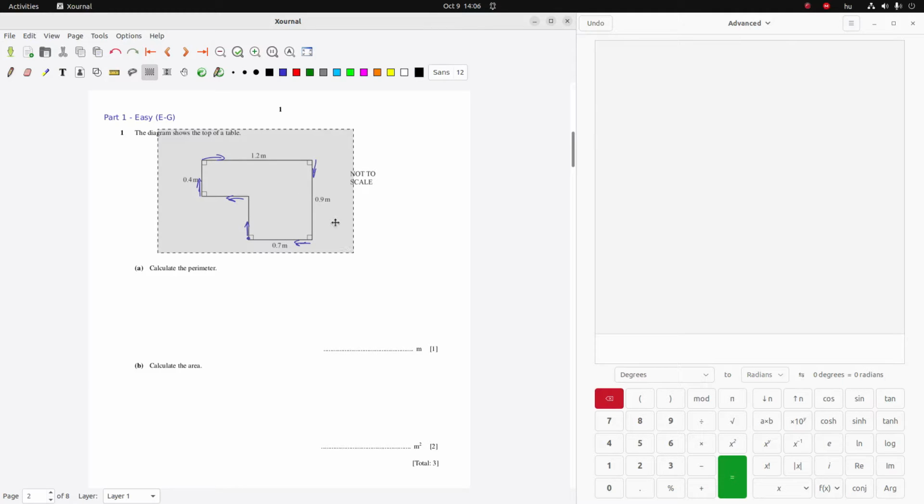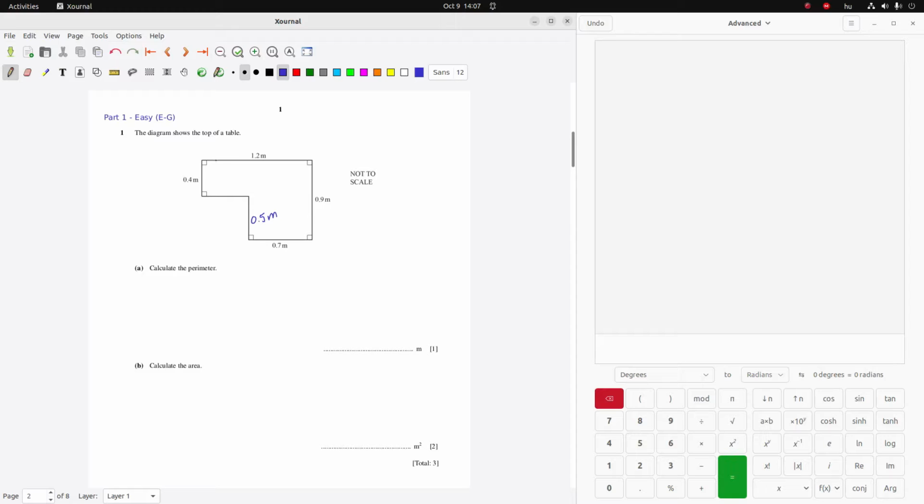So the thing is that we don't have this distance and this distance. The most straightforward thing to do is first we calculate this distance, which is equal to 0.9 minus 0.4, which is 0.5 meters.